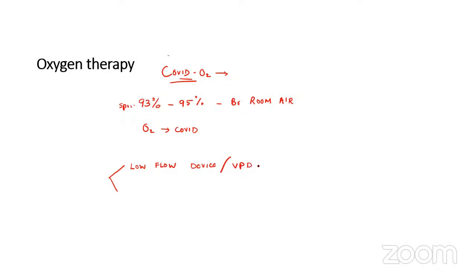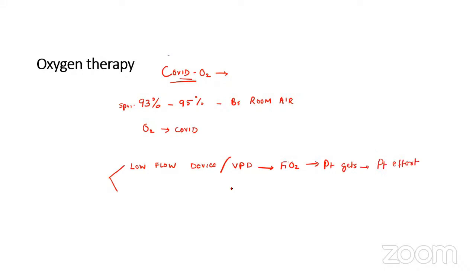Variable performance essentially means the amount of FiO2, that means the amount of oxygen that the patient gets, depends on the patient's effort, and not on any oxygen delivery equipment.